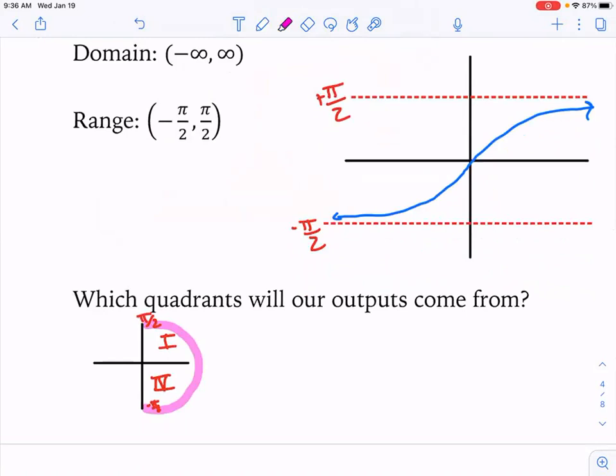Since our range is negative pi over 2 to pi over 2, the outputs for an inverse tangent function are going to come from the first and fourth quadrant, just like inverse sine. So inverse sine and inverse tangent are calculated similarly. Acute positive angles in the first quadrant, acute negative angles in the fourth quadrant. Inverse cosine is just our oddball.